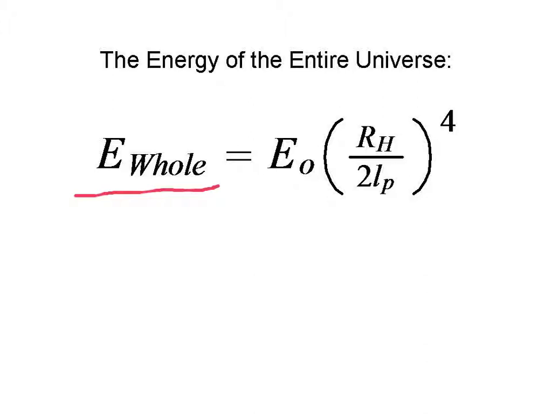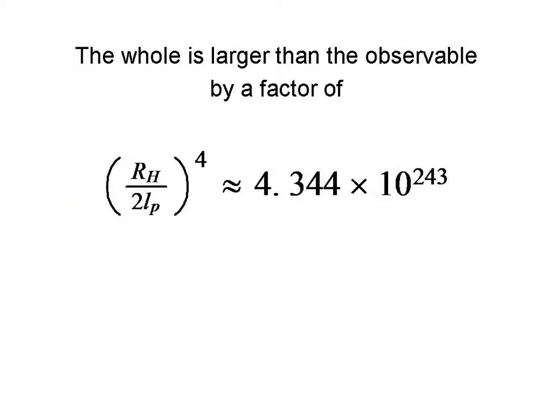Not just the observable, but that which is beyond it. It's equal to the energy of the observable universe times our multiplication factor. Numerically, the whole universe is larger than the observable universe by a factor of more than 4 times 10 to the 243rd power.